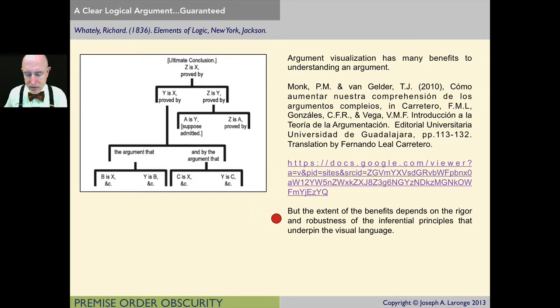But the extent of the benefits of any particular argument visualization depends on the rigor and the robustness of the inferential principles that underpin the visual language.